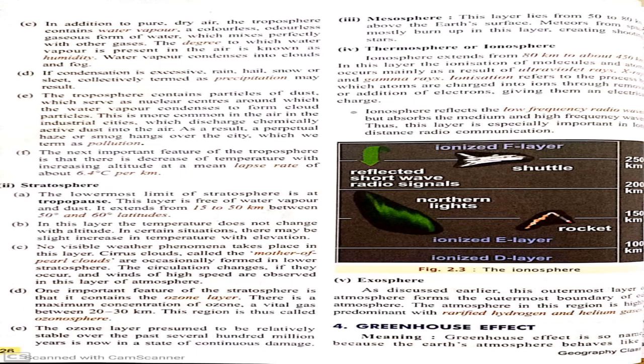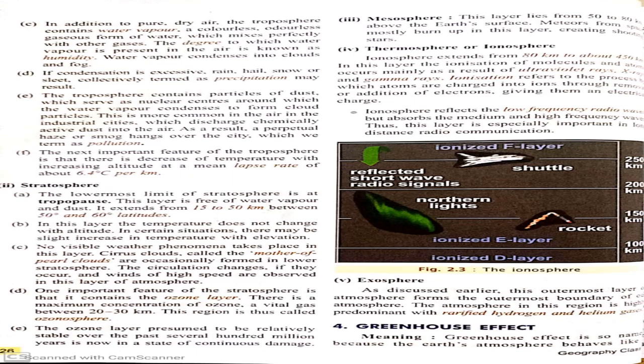Now next we will move towards stratosphere. Its lowermost limit is at tropopause, and this layer is free of water vapor and dust. It extends from 15 to 50 kilometer between 50 degree and 60 degree latitudes.